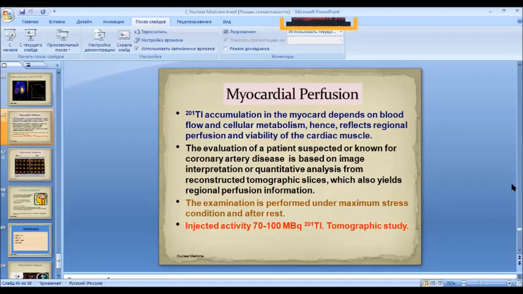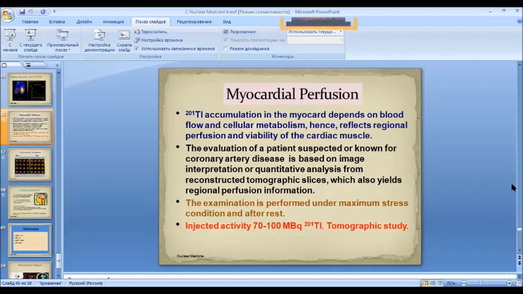The evaluation of a patient suspected or known to have coronary artery disease is based on image interpretation and analysis from reconstructed tomographic slices, which also yields regional perfusion information.